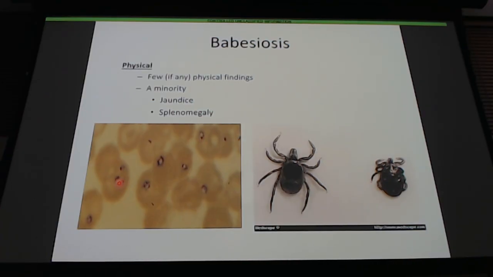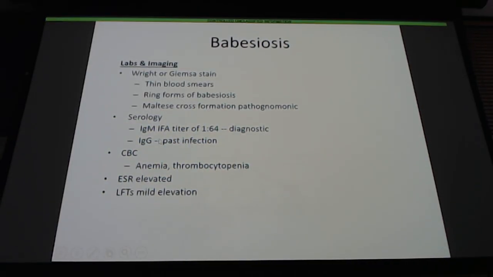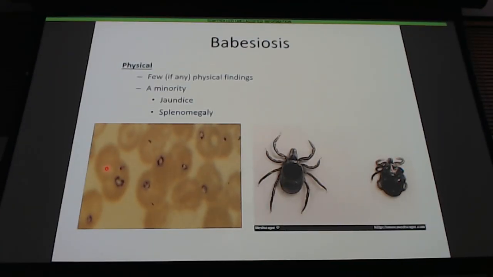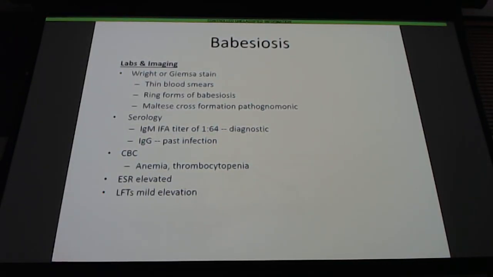We don't really see them here too well yet because they haven't fully developed. I think after this slide we have it. So we'll do a Wright-Giemsa stain. You can do thin blood smears. We look for rings, so that's one of the things. So these are your rings, right in here you can see the rings. And then the other one will be the Maltese cross formation, and that's the pathognomonic one. On the next slide we'll show you that.